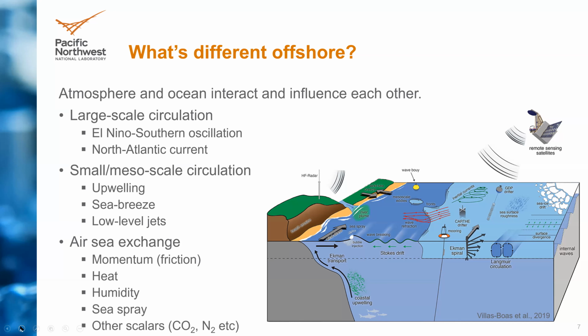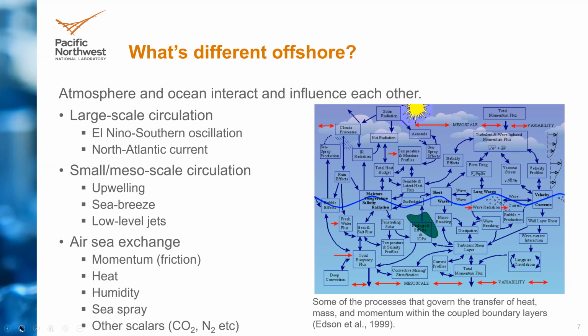So all of these processes are not individual. They don't happen individually, and you can't quantify them individually. There was a beautiful paper by Edson, which encapsulates all these processes and links them up. And you can see this complex process in which the atmosphere interacts.